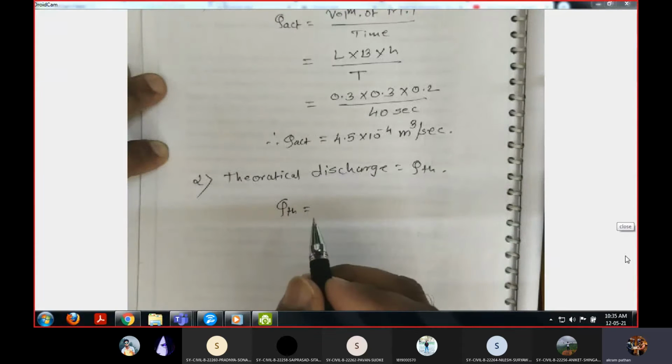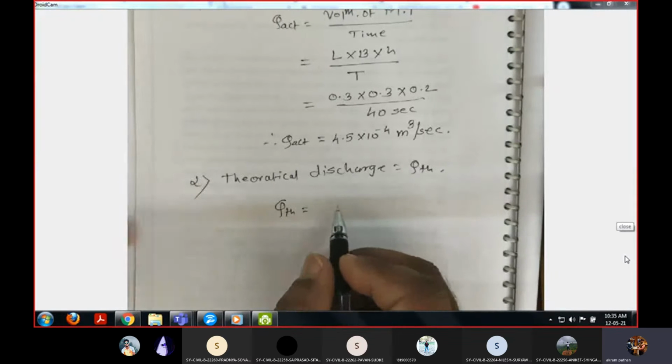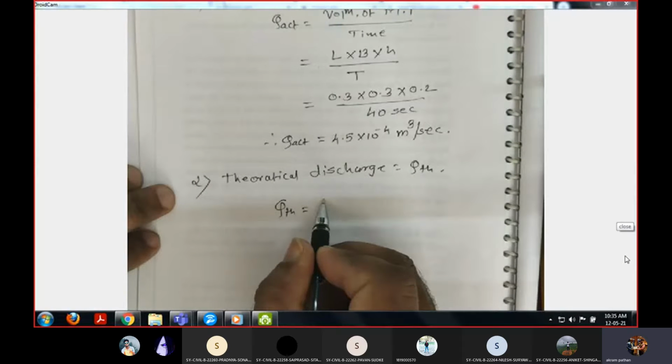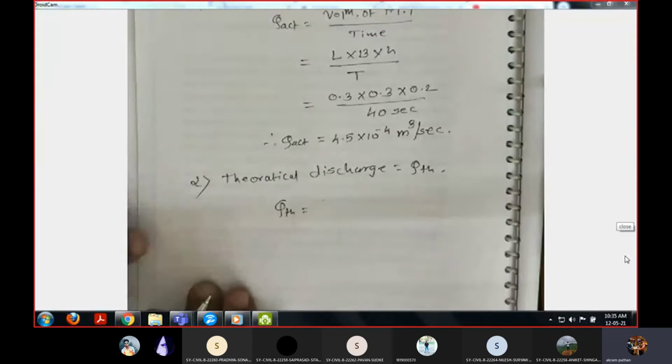So for rectangular notch or weir, we have the formula. Anybody can tell me what is the formula for theoretical discharge by rectangular notch or weir?